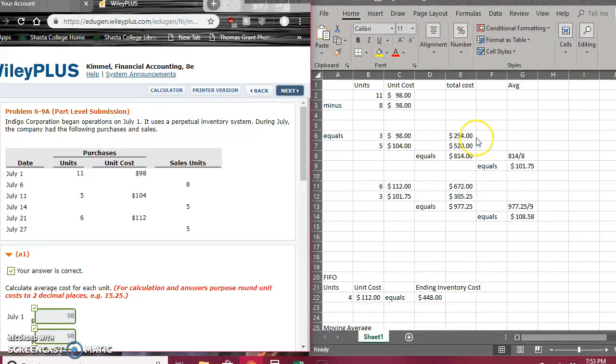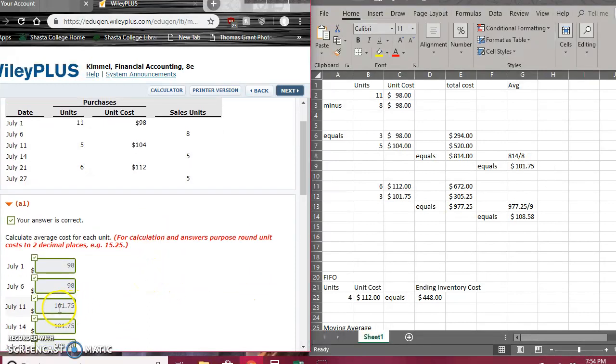So when we do the math, that's $294 plus $520 equals $814. Then we divide by the total units we have, which is 8, and we get $101.75. So we're going to put that for the average cost for July 11th.